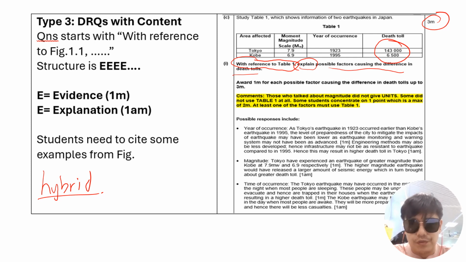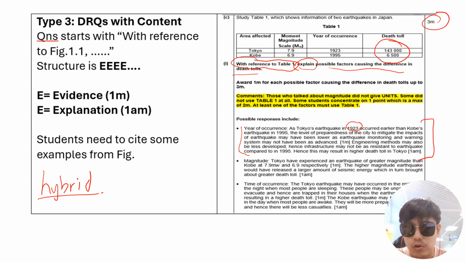All right. So you can see over here in the first pointer, I know it's a bit small, I apologize for that, but under year of occurrence, our explanation is that, as Tokyo's earthquake in 1923 occurred earlier than Kobe's earthquake in 1995, which I've used evidence from here because the year of occurrence is there, I explained that the level of preparedness of the city to mitigate the impacts of earthquake may have been lower as earthquake monitoring and warning systems may not have been so advanced.